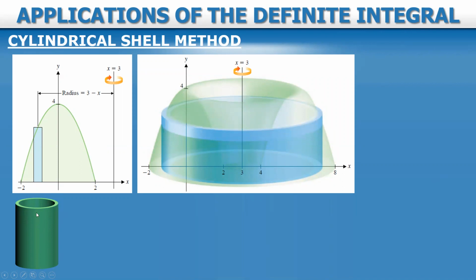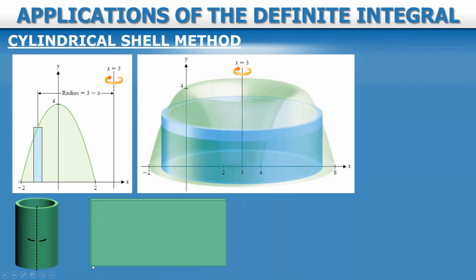What you will do is cut this shell, and then stretch both sides, left and right, and straighten it. Like this one. This is the result. So it's more of a plate with thickness dx.